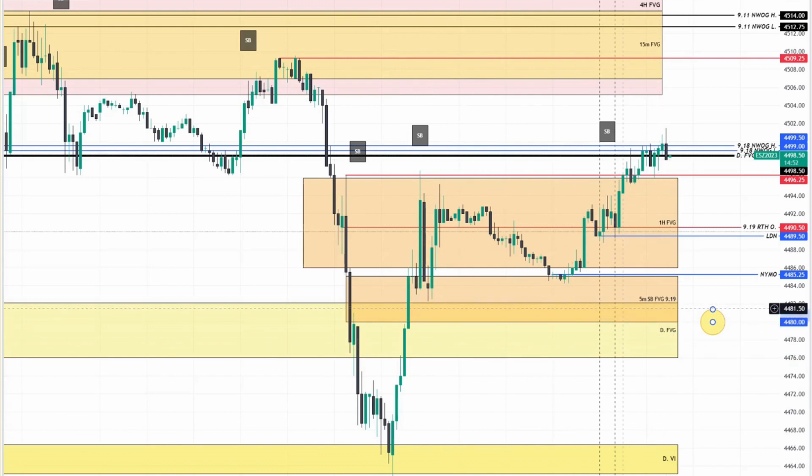Above that, I had my attention on the 5-minute Silver Bullet AM RTH session fair value gap for the 19th. So I noticed how price stayed with this 1 hour block right here. So what I'm looking at is this 1 hour fair value gap where most of the business has been done since the PM Silver Bullet level.